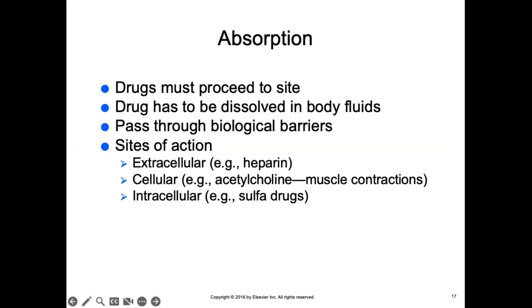Right? The three general sites of action are extracellular, which includes sites such as a decrease in blood clotting by heparin's chemical combination with proteins to remove them from the coagulation cascade, okay, or cellular, such as the contraction of skeletal muscle by the action of acetylcholine at the nicotinic cholinergic skeletal muscle neuromuscular receptors, or intracellular, inside the cell, such as inhibition by sulfa drugs of bacterial growth through the inhibition of intracellular components needed for bacterial growth, such as, say, affecting protein synthesis at the ribosomes.